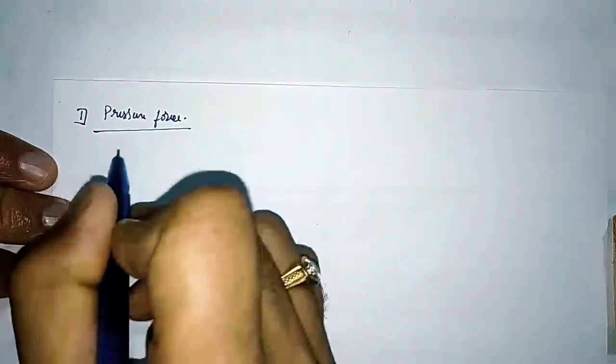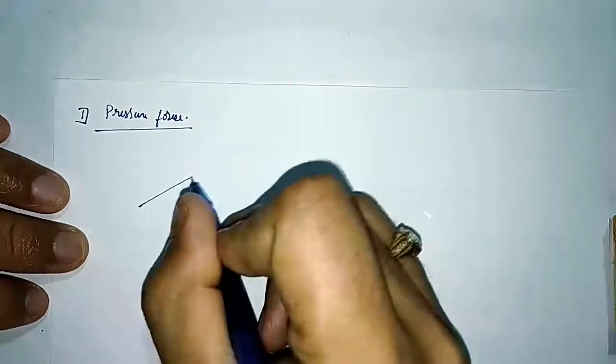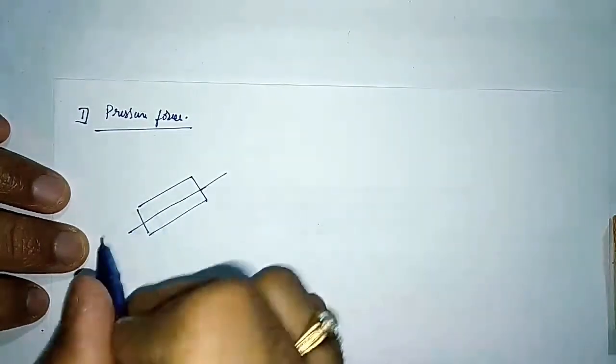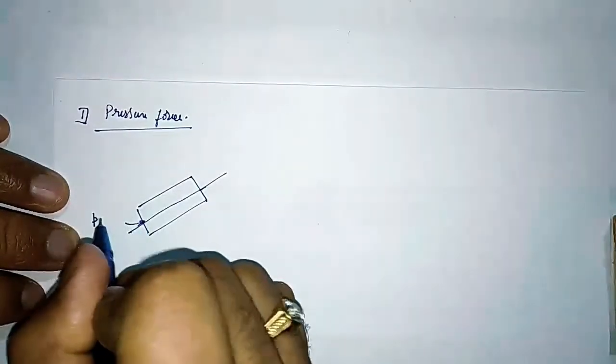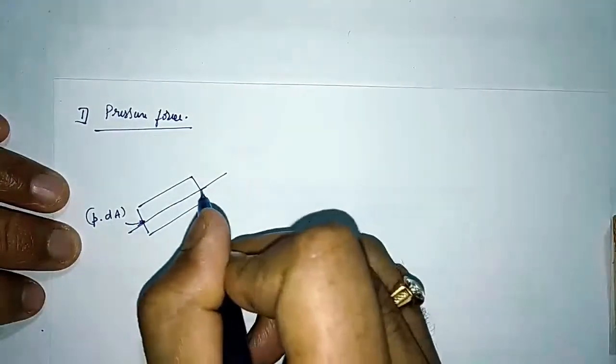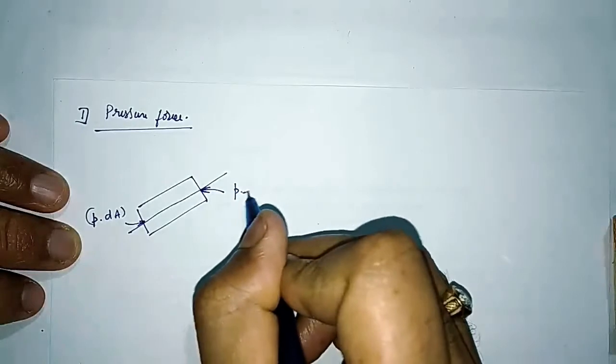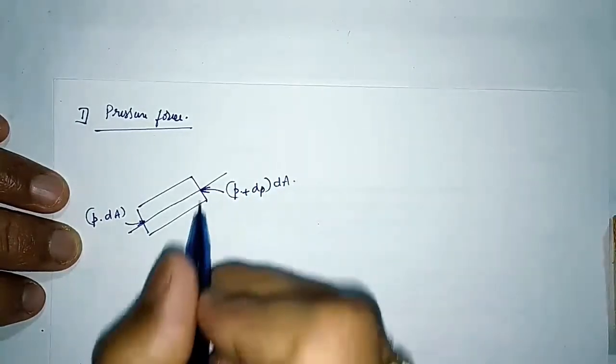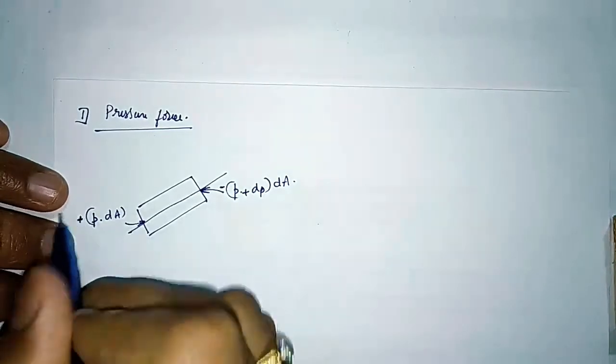We start with pressure force. So same diagram I am redrawing with only pressure force terms. So P into dA on the left side and in the opposite direction P plus dP into dA on the right side. They are opposite in direction, so opposite signs we have to give.